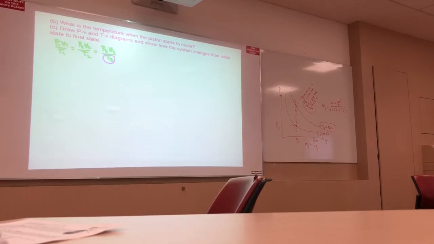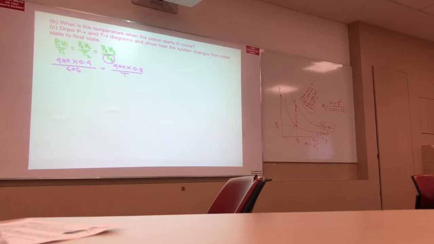P2. What is the value of P2? Tell me, P2 is 400. V2? 0.4. T2? 606. P3? What is P3? 400. Same. Then V3 is 0.8.